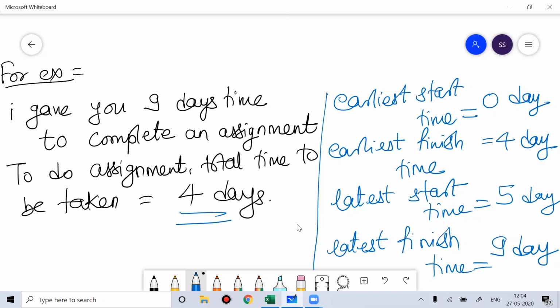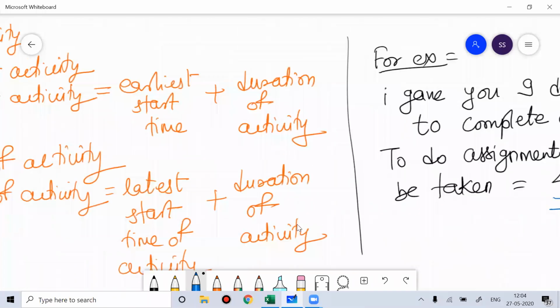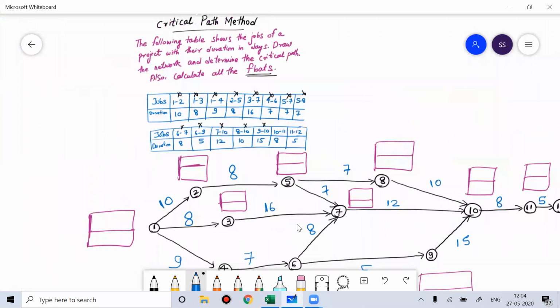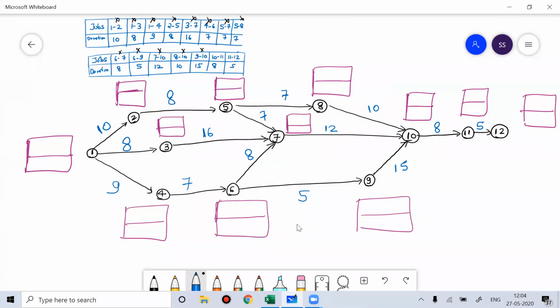So what we will do here in solving this question, you can see there are 12 nodes. At every node we will fill the information.